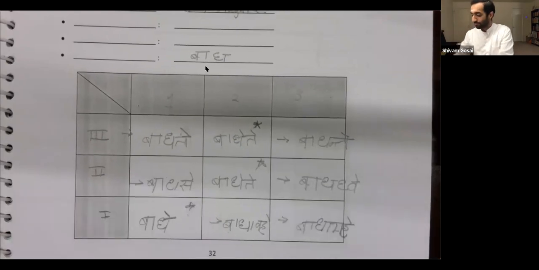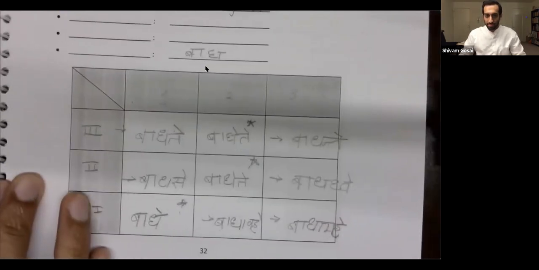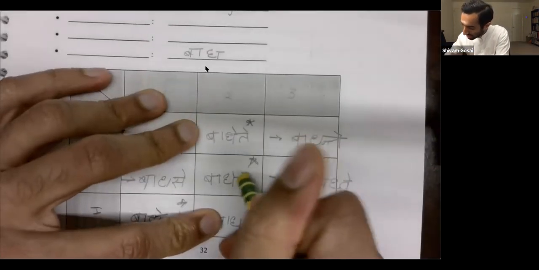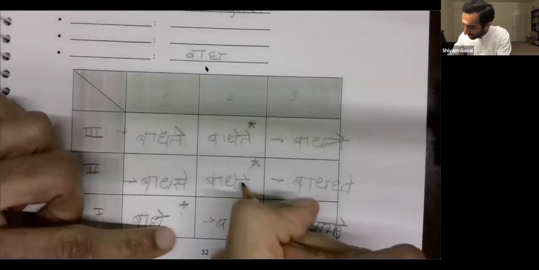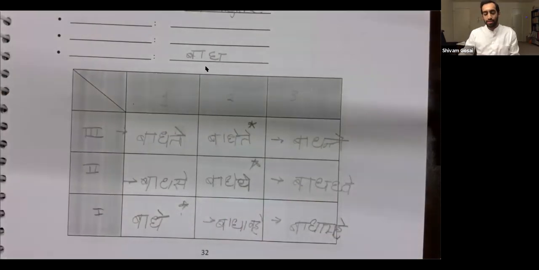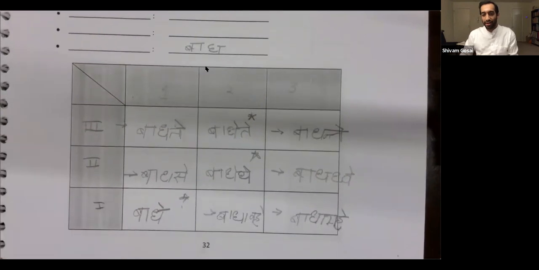Okay, great. Madhyama Purusha, Dvivachanam. Yep. So that one's incorrect also. Badete. All right. So it should look like this now, after all. I think we got all the mistakes.